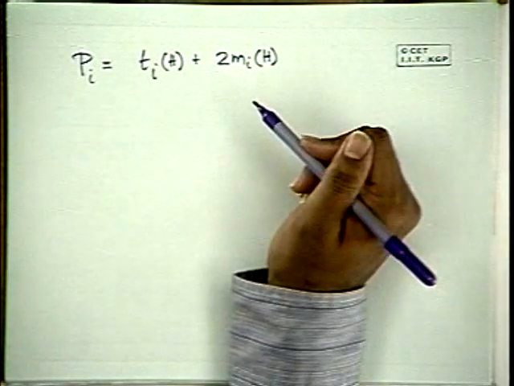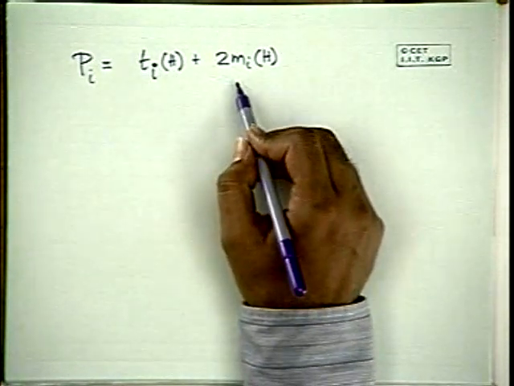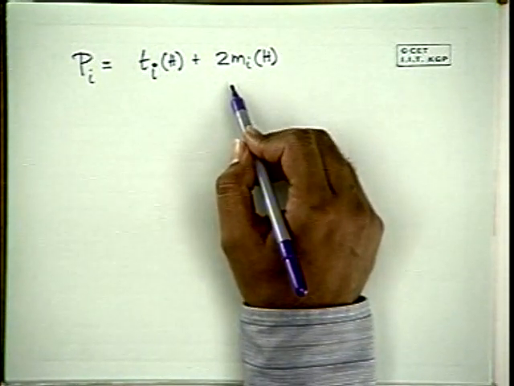Now you may question at this point, why did we choose it like this? The answer is, because it works. When somebody invented this, he did not go in one direction, choosing this one and then designing the data structure.